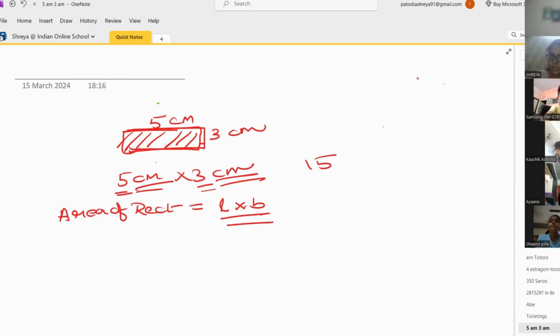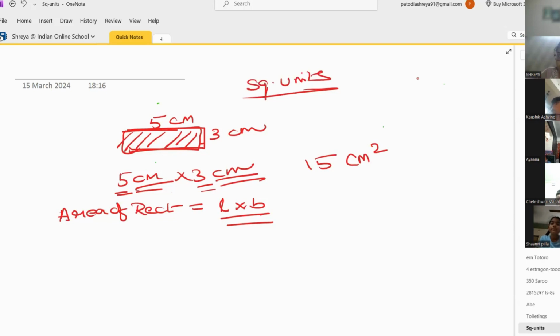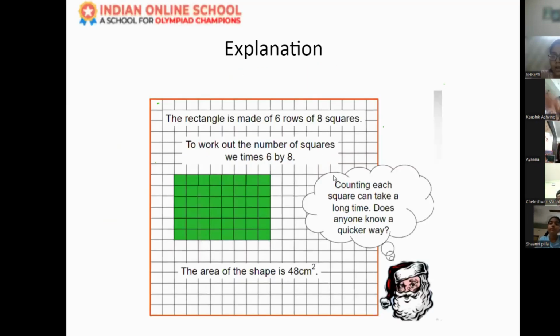But what about the unit? Since centimeter gets multiplied 2 times, it becomes centimeters squared. So the formula for area always carries the unit of square units, whether square meter or centimeter or whatever it is. Am I clear? Because the unit also gets multiplied along with the numbers.